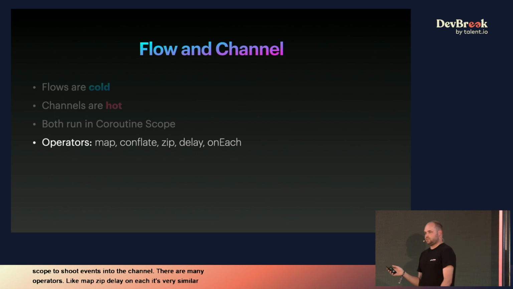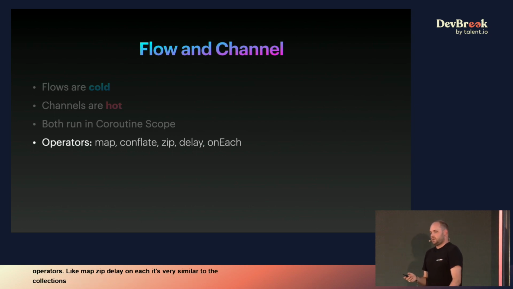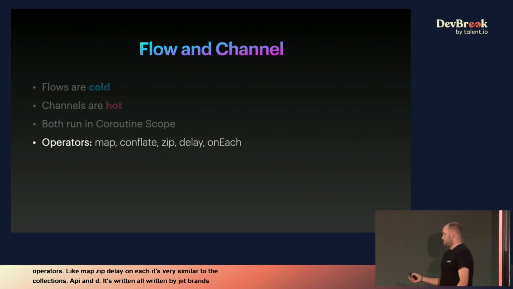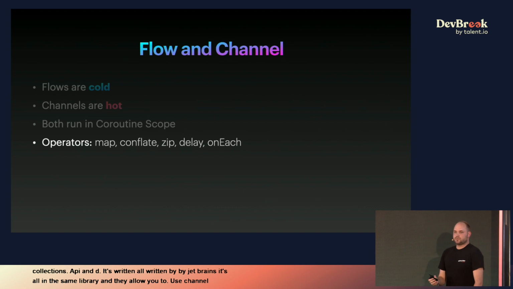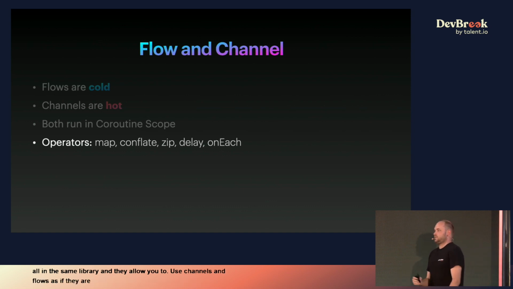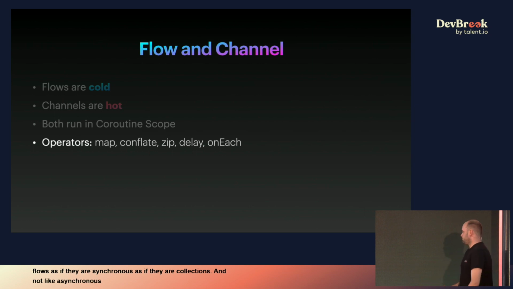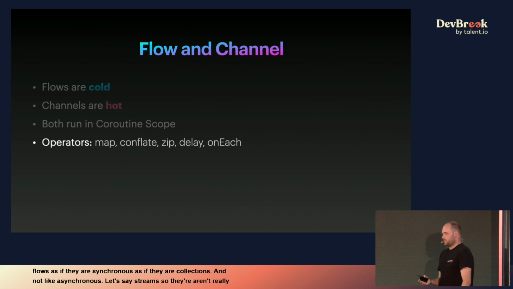It's very similar to the collections API, it's all written by JetBrains, it's all in the same library, and they allow you to use channels and flows as if they are collections, and not like asynchronous, let's say, streams. They're not really streams, but very similar.